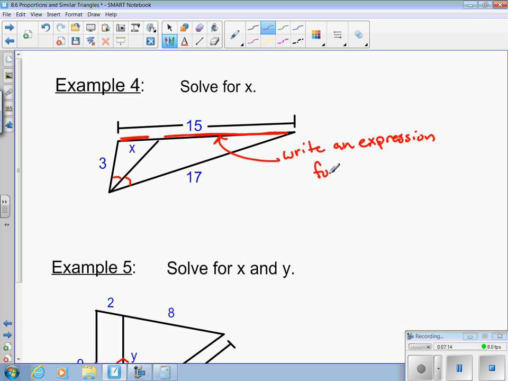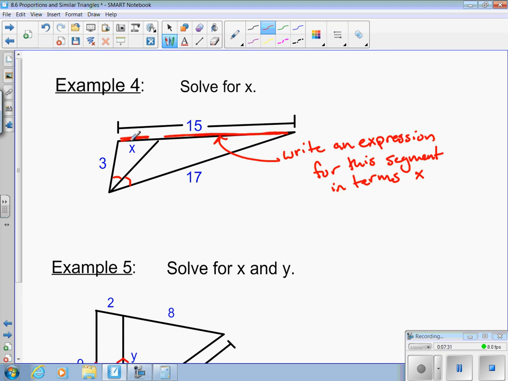Okay, so write an expression for this segment. And now we don't want to just introduce a new variable.